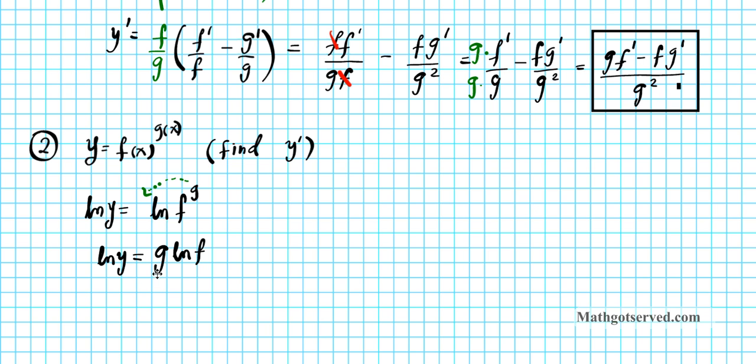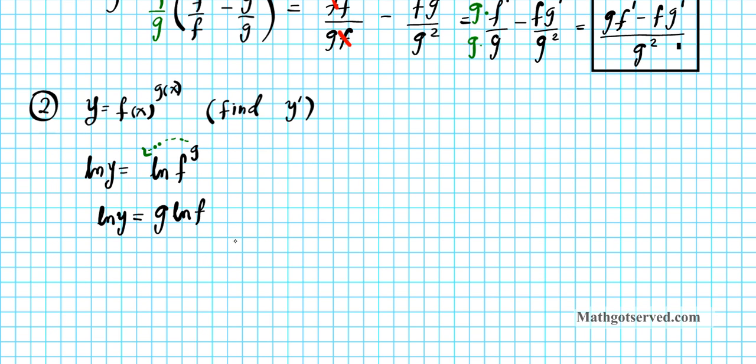So what do we do now? Remember the next step, after taking the logarithm and applying the property, you differentiate implicitly. So if I differentiate this implicitly, I'll have 1 over y, because the derivative of ln x is 1 over x, times y prime using the chain rule. And then here, we have two functions, so we have to use the product rule, right? So if I differentiate ln f, I'll get 1 over f times f prime.